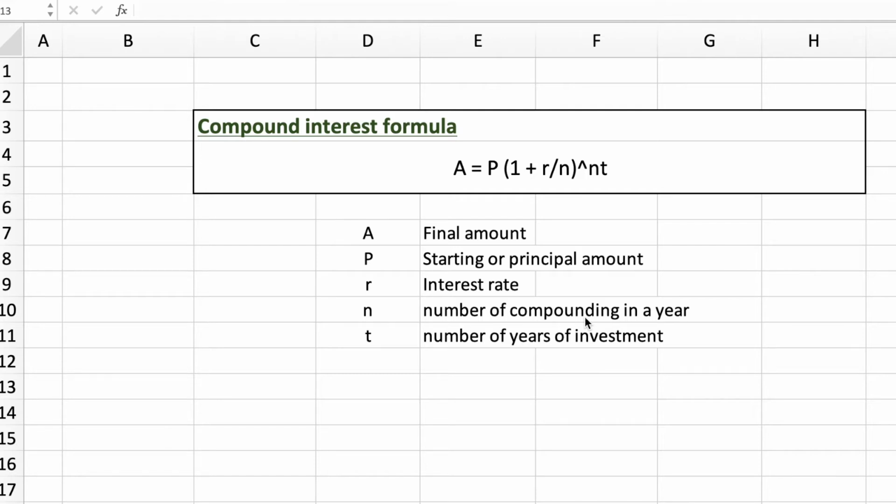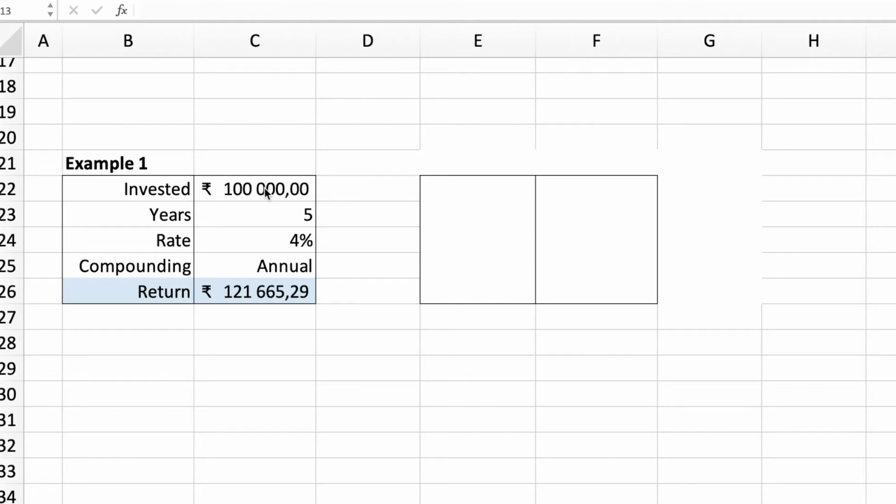So I will show you a very simple example here. Let's say this is 10,000. Suppose we have invested 10,000 rupees for 5 years with interest rate 4%, and the compounding is annual. That means the value of n that I talked about will be 1. So let's write the formula.